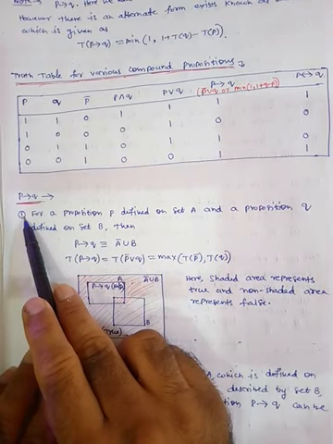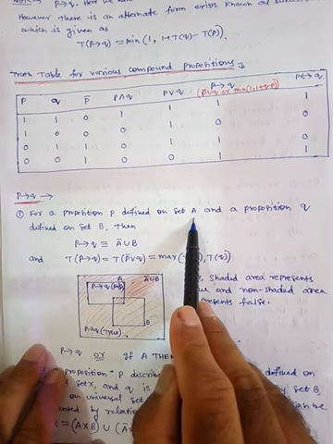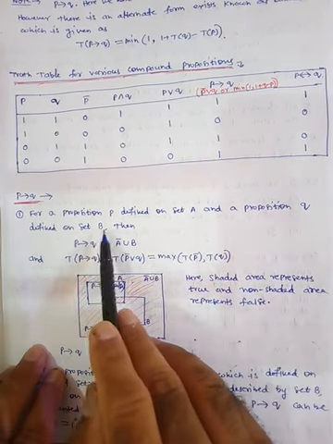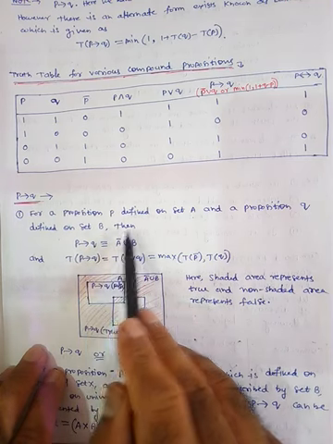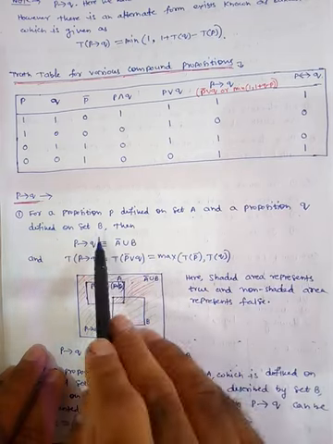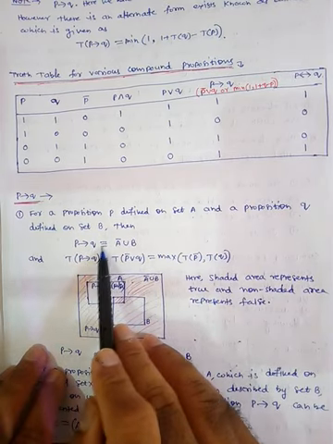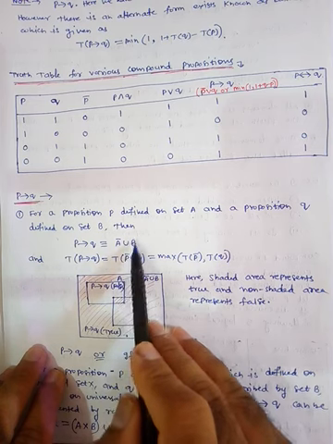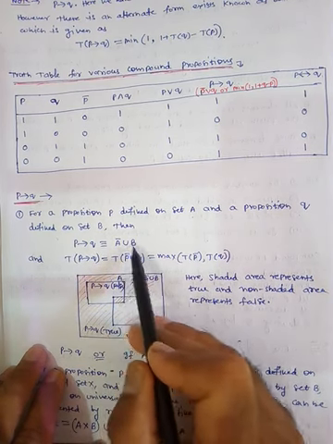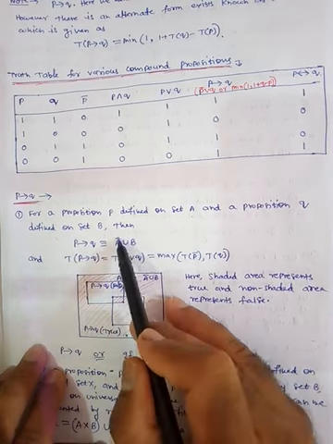So first one: for a proposition P defined on set A and another proposition Q defined on another set B, then P implies Q is equivalent to A bar union B. A bar means complement of A, union B. It is equivalent to this. This is the logical one. This is the set theoretical one.